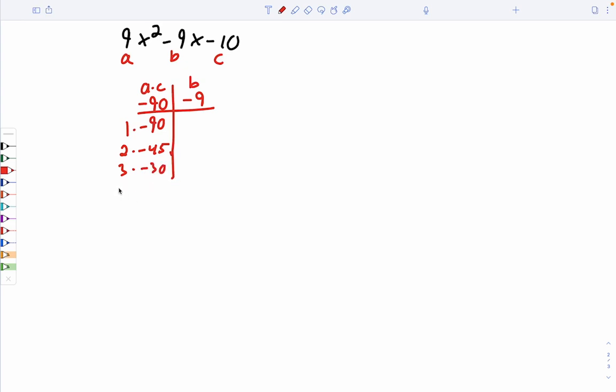I don't think 4 works. And then you get to 6 times negative 15 eventually. And then I can stop because 6 and negative 15 also add to the negative 9. So there's our number puzzle solution.